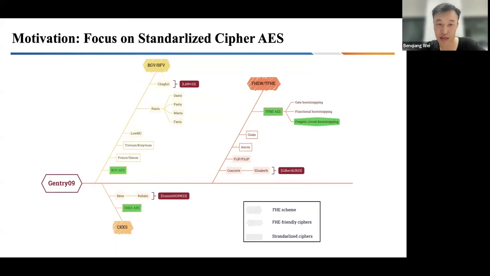So in this work, we still focus on the standardized cipher AES. In this work, we give a fast homomorphic evaluation of AES using a very good strategy. Because AES is a block cipher standard known for its efficiency and common use in various applications to protect sensitive information.